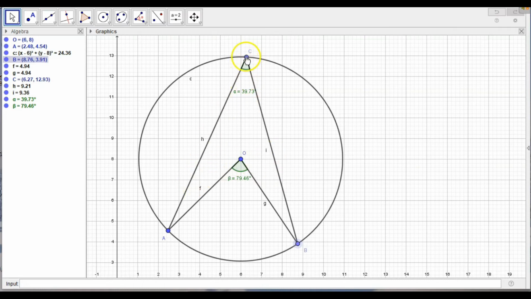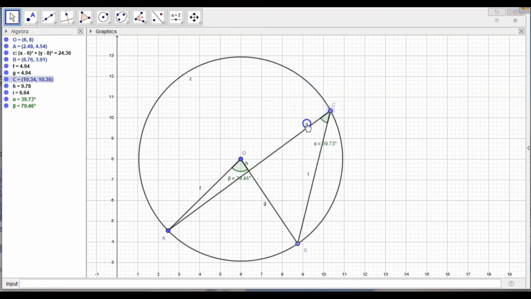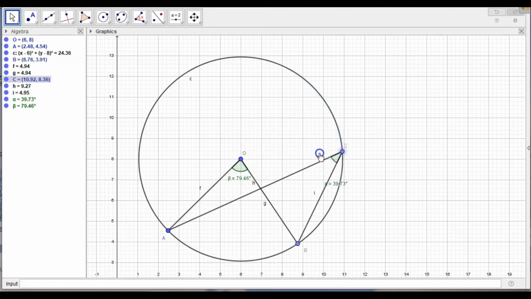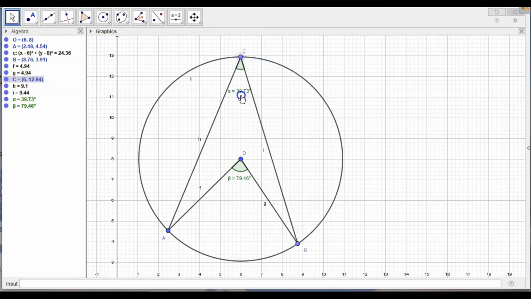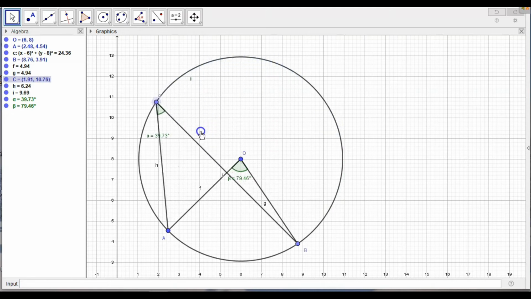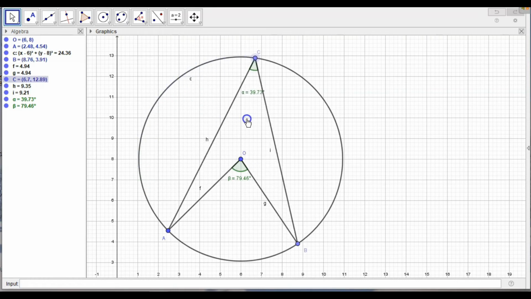Now, if I shift the point C closer and closer to any point on the circumference of the circle, you realize that the value alpha remains unchanged. It's the same. It doesn't change. And as I said, it doesn't matter that you have the shape formed in this order.